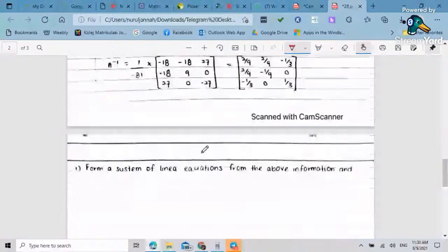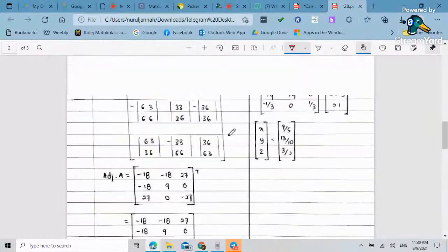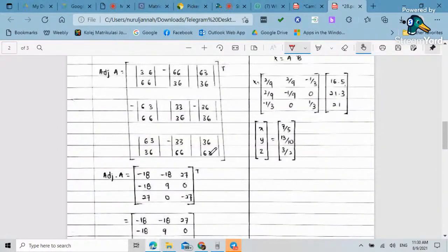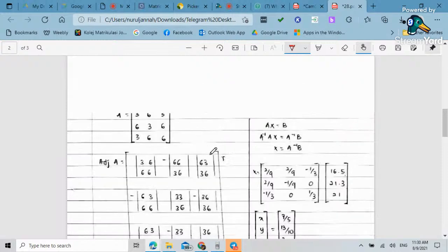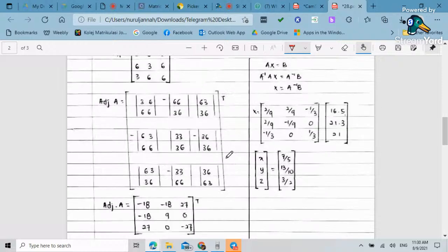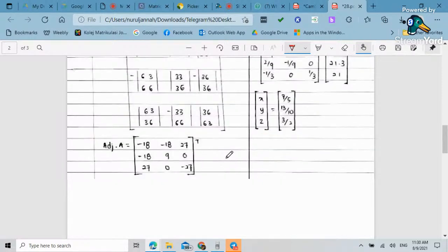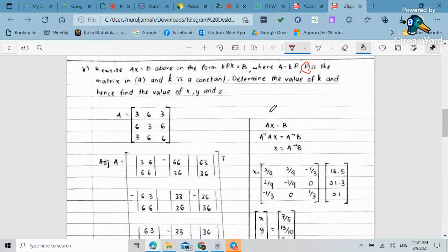Okay, so here you cannot use this method because you need to use P. You are not using P at all.